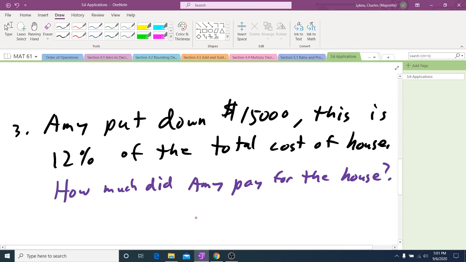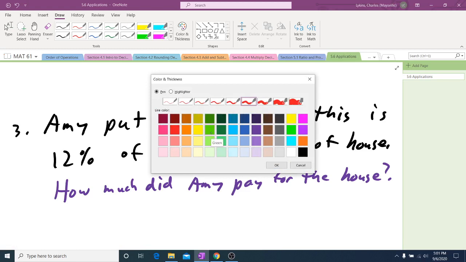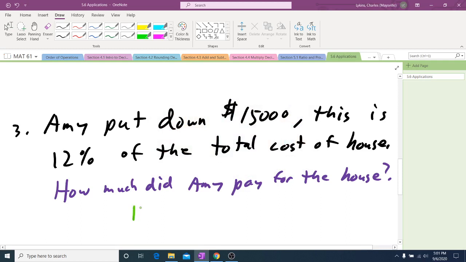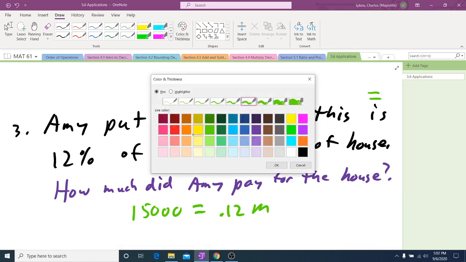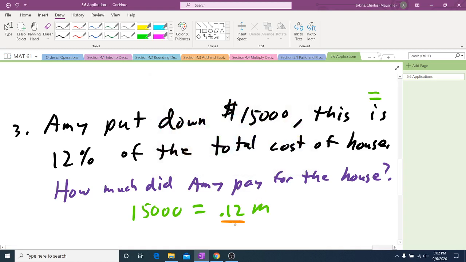Well, if we go back to translating and solving equations, she has 15,000, and remember that is the equal sign, and then 12%, I'm going to make that a decimal, 0.12 times the cost of the house. Maybe you put M. Next, I want to solve, so I'm going to divide by 0.12.